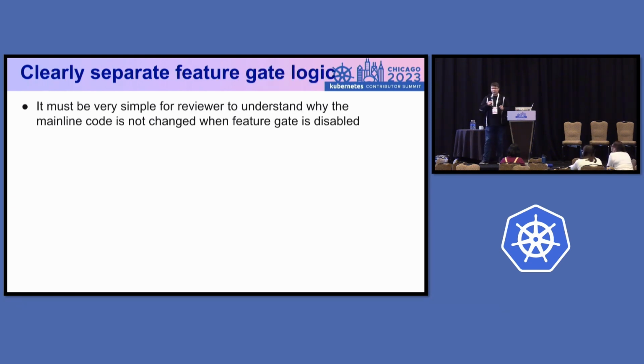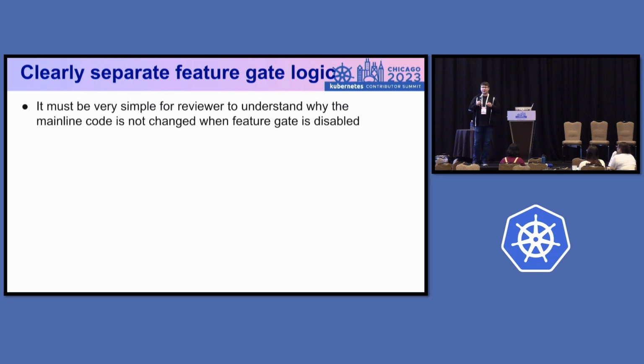And then whenever you implement something, make sure that you clearly separate what is under a feature flag from everything mainline. One thing that approvers are looking for is they want to prove that your alpha feature will not break any mainline code. So if you can glance through the code and clearly understand that, yes, definitely your feature gate protects all the changes that are made, then if something is wrong with a feature, people just disable the feature gate and everything works as expected.